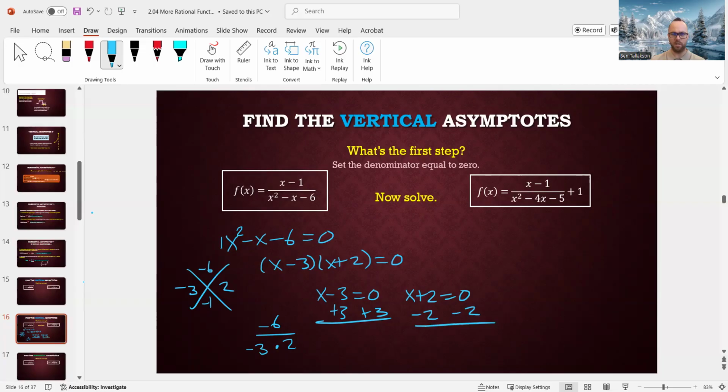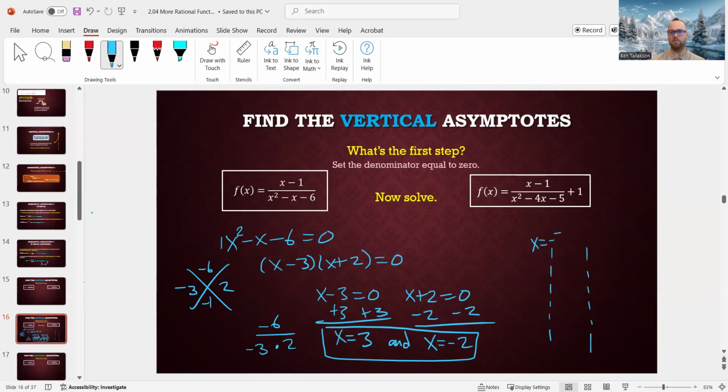Now we see that there is a vertical asymptote at x equals 3, but there's also one at x is negative 2. So these are both vertical asymptotes. So on your graph, you're going to see two vertical dashed lines, one at x is negative 2 and another at x is 3.